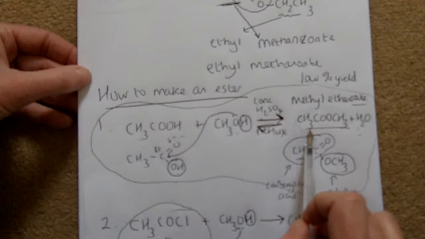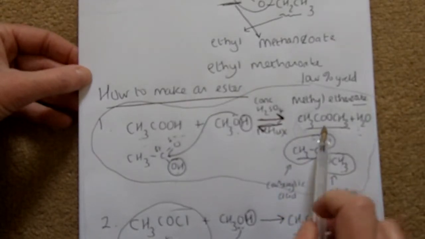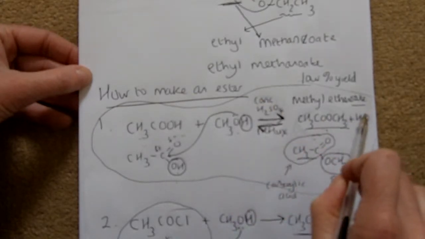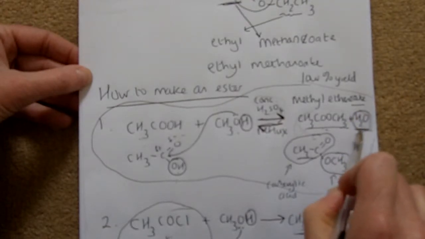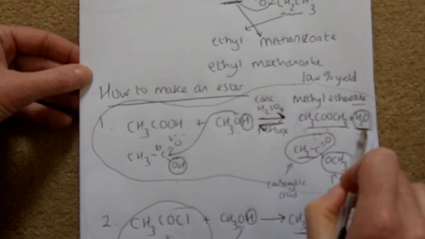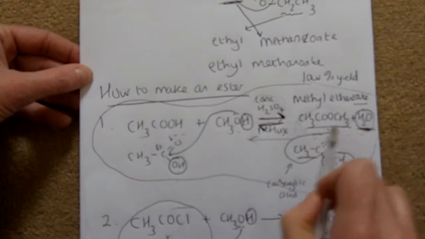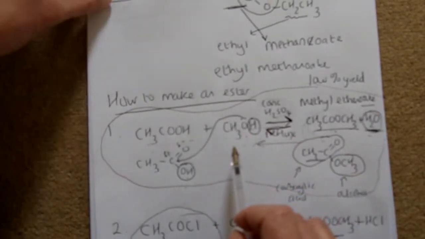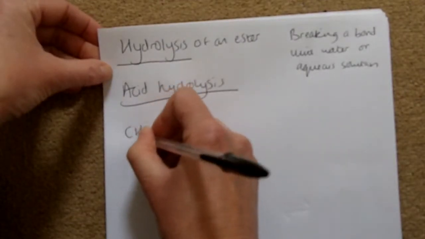Right, so if we want to go in the reverse direction, if we want to break down the ester, then we need to add not concentrated acid, we need to add dilute acid. Because if we add dilute acid, if we add some water, that's going to push the equilibrium to the left and make the ester break up. So acid hydrolysis is just the same as the reverse of making an ester.